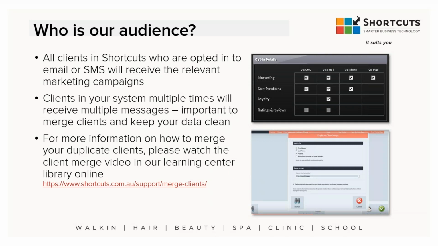Also, whenever the customer creates a profile using online booking or self check-in, or they start receiving campaigns, they can always set their own selections, their own settings. And of course, if they don't want to receive anything, they can always opt themselves out of marketing, confirmations, loyalty emails, or any surveys. So in your shortcut system, make sure that your opt-in details are configured.